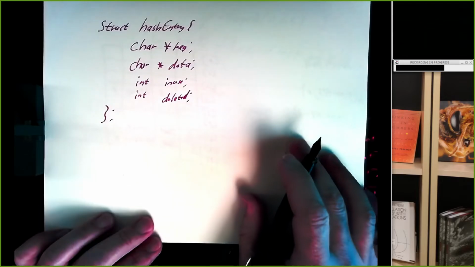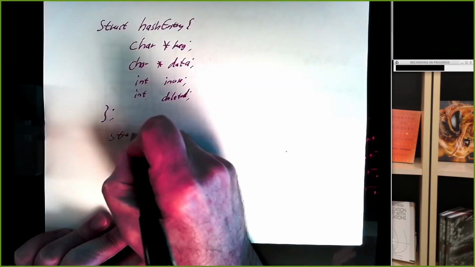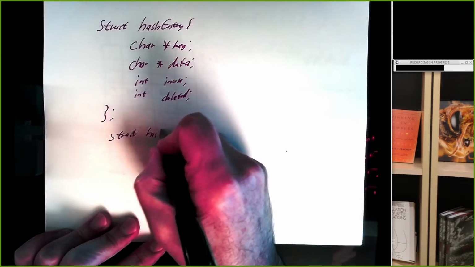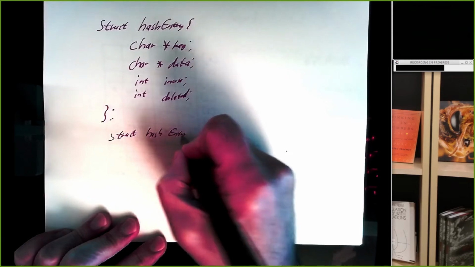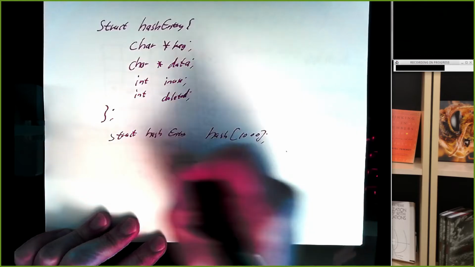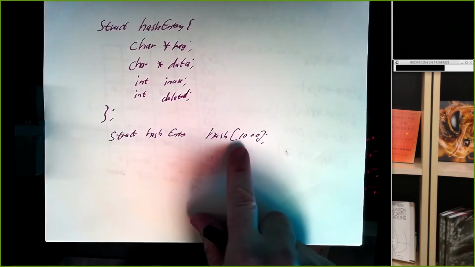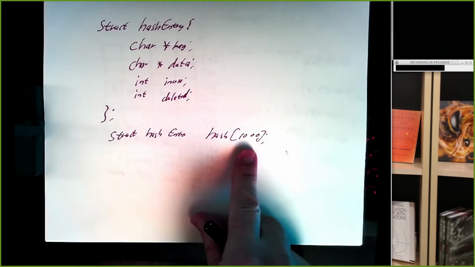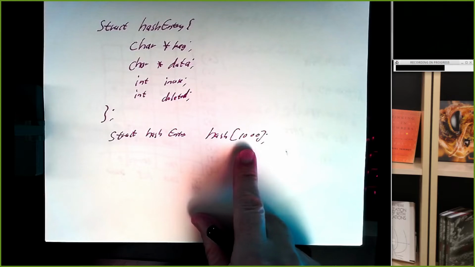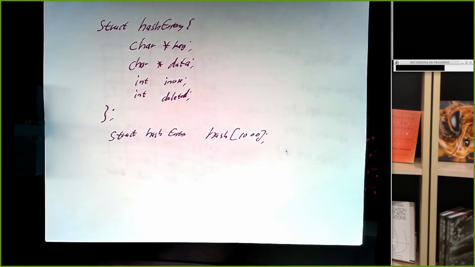If we just want a fixed size array, we could say something like struct hash entry hash bracket 1000. But we don't really want to do that because that forces the size of the array to be 1000. It's pretty hard to expand it. And we may want to start the hash small and grow it as it gets more full.